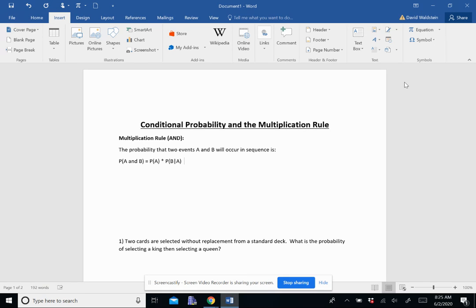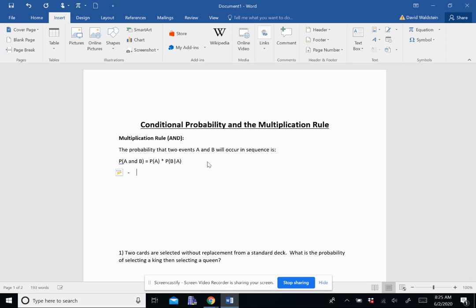So that sounds a little confusing, but when you think about it logically, it makes sense. So the probability of A, and then what we're saying is A already occurred. So what's the probability of B after I already know that A occurred? So that's where the second part, probability of B given A, is.